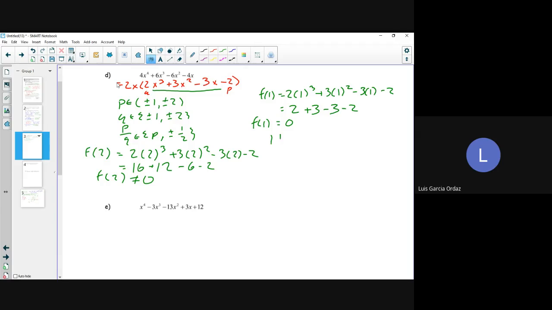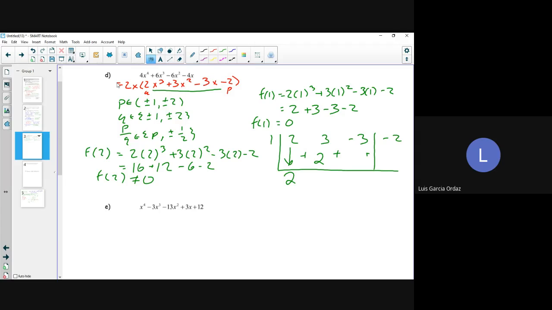So we have 1. We're going to use synthetic division. So we have 2, 3, -3, and -2. For synthetic division, I'm just using what we have inside of the bracket, so that expression. Like usual, we drop down the first number. So we have 2. 2 times 1 is 2.